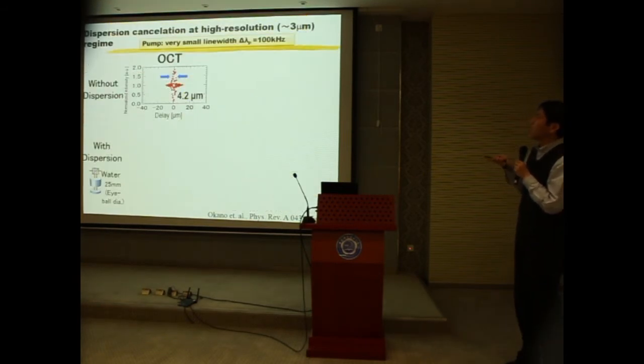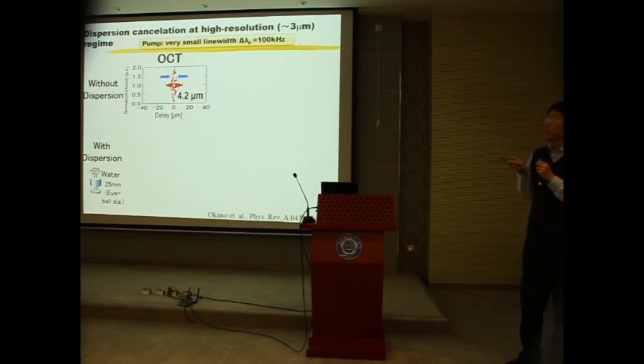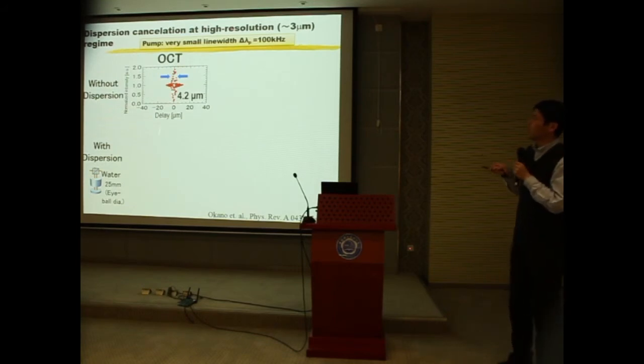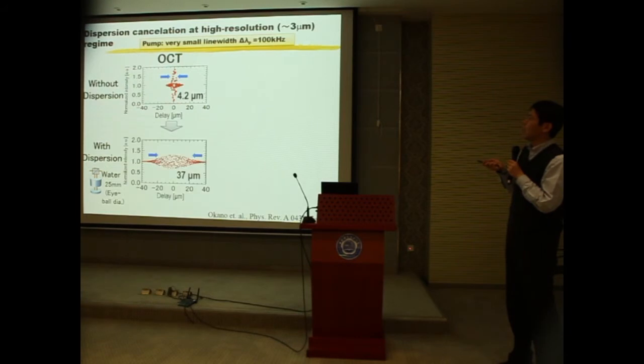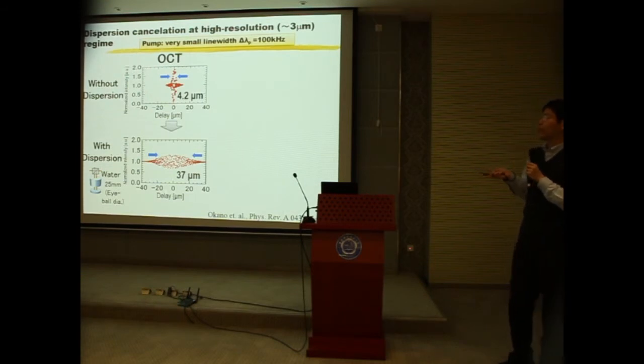Therefore, in this experiment, we used a very small line width of 100 kHz for the pumping laser, and these are the results. In the case of OCT, the resolution was 4.2 micron at first, but when we inserted 25 millimeter thick water, about the size of an eyeball, the resolution degraded to 37 micron.